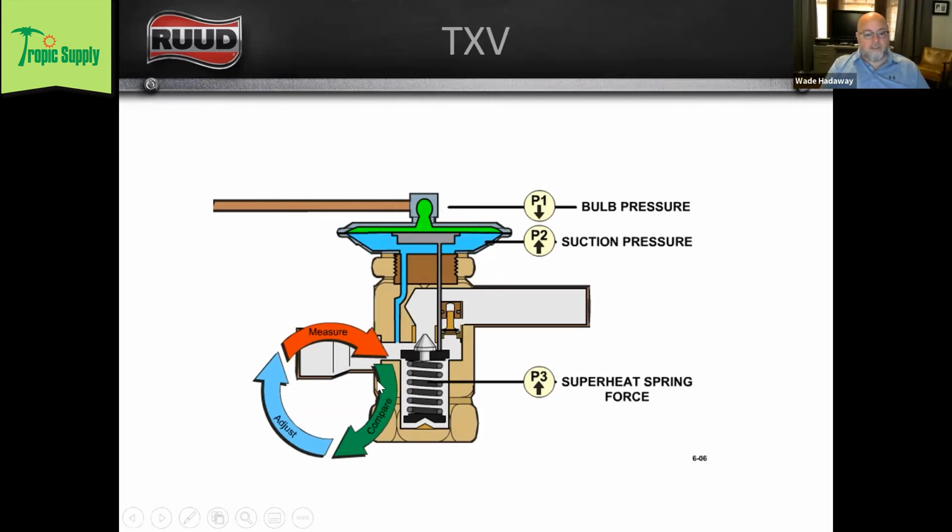So we're constantly measuring, comparing, and adjusting, right? This is like a PID loop that's happening here. We're constantly evaluating, making adjustments. And that's why expansion valves are so much more efficient than a fixed bore or a fixed restrictor metering device.